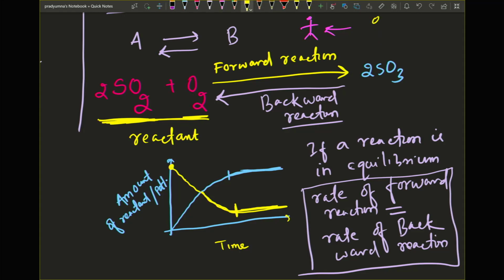Let's have another person pulling to the other side. Although the center line doesn't move, they are still pulling. So there is still reaction happening in either direction, but the center line doesn't move. That's pretty much what happens. Once equilibrium is reached, the concentration of reactant and the concentration of product doesn't change.